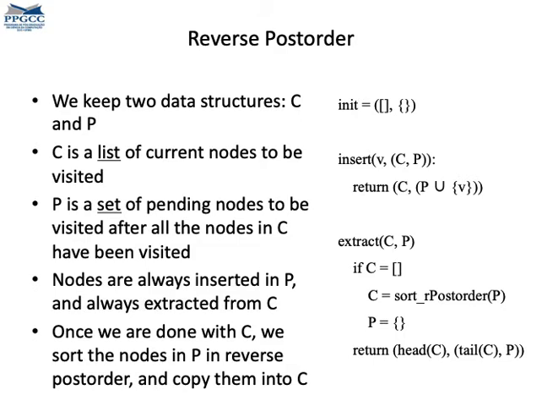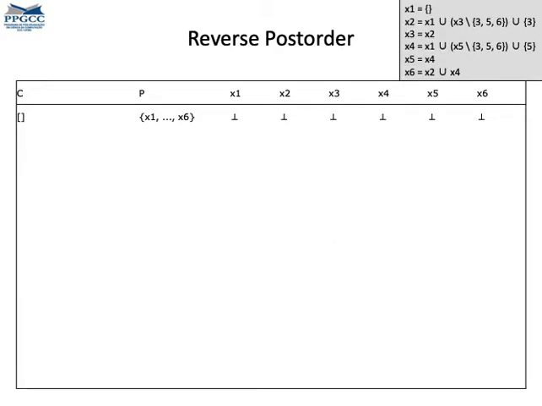And so nodes are always inserted into P and are always removed from C. Then once we are done with C, once C is empty, we sort the nodes in P in reverse post-order, and then we copy all these vertices into C and start iterations again. Let me show you how this approach works.